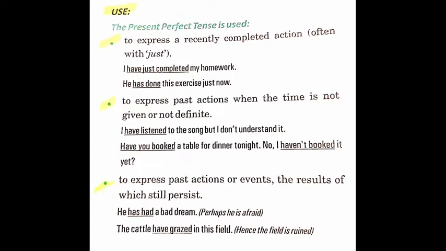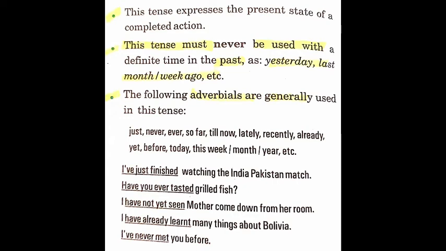This tense expresses the present state of a completed action. Remember, this tense must never be used with a definite time in the past such as yesterday, last month, a week ago, etc. For example, if you say, "I have completed my homework yesterday," that would be incorrect.